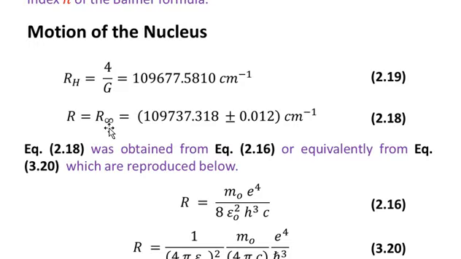Here, instead of R infinity, I am using the capital letter R. This value of R, as mentioned in the previous slide at equation number 2.18, is 109737.318 with a tolerance of 0.012 centimeter inverse. So these two equations were mentioned in the previous slide as equation number 2.19 and equation number 2.18 respectively. Equation number 2.18 was obtained from equation number 2.16, or equivalently from equation number 3.20, which is reproduced below.